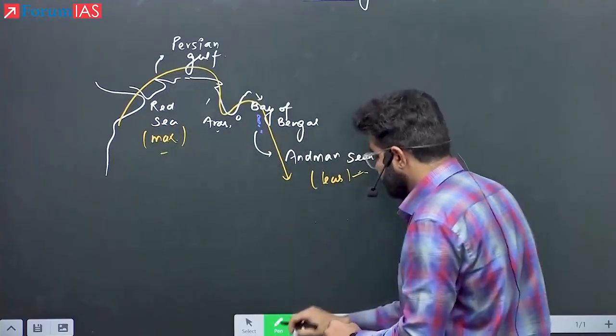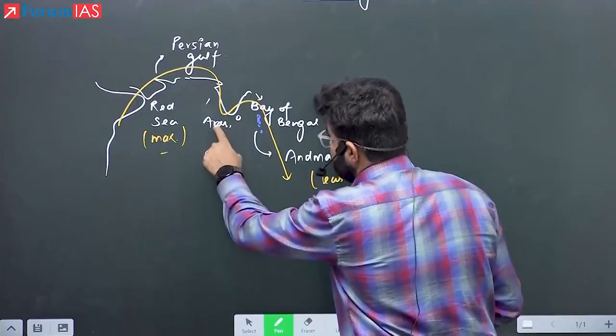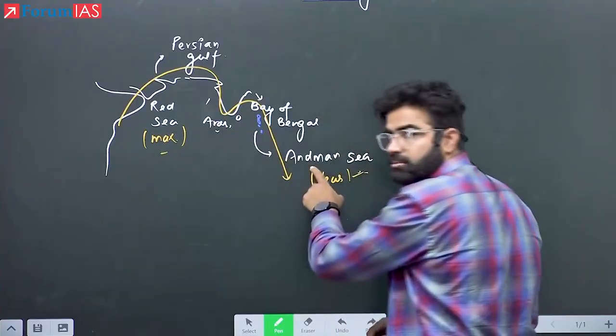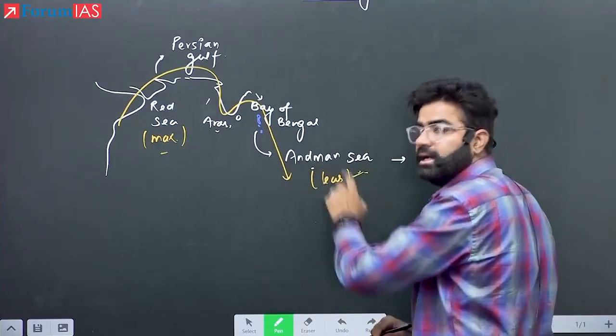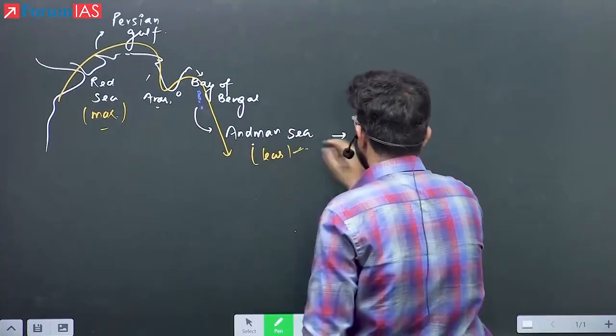Okay? So out of these three water bodies in the Indian Ocean, the Arabian Sea, Bay of Bengal and Andaman, the least salinity is found in the Andaman water, right? So the Andaman Sea.